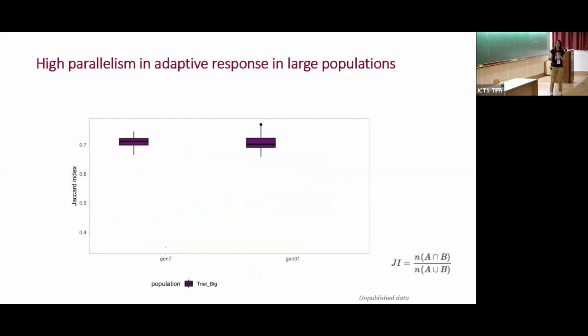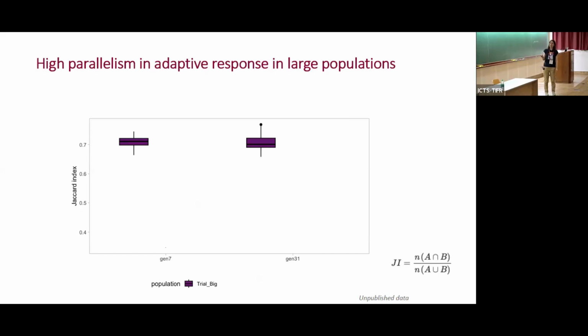And we can also look at parallelism in our gene expression data. For this, we use the Jaccard index, which is simply the index of similarity based on the number of shared items between a pair of data sets divided by the total number of items in these two data sets. It can range between 0 and 1, 0 meaning that nothing is shared between these two data sets, 1 meaning that everything is the same.